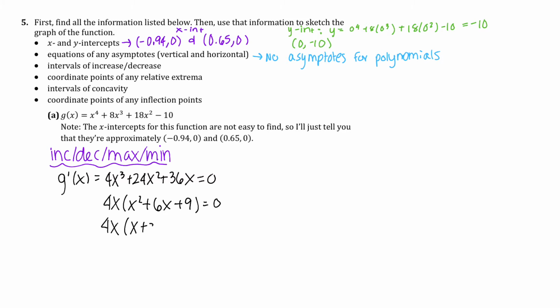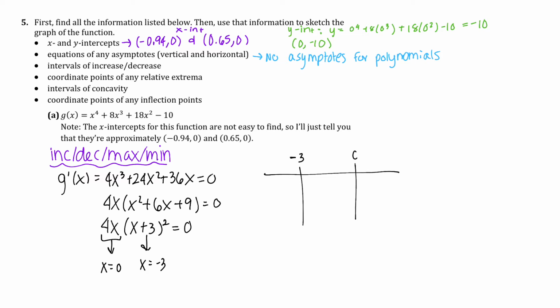This will factor into x plus 3 times x plus 3, which is just x plus 3 squared. So you have negative 3, positive, oh, not positive 3. Hold on here. You get x equals 0 and x equals negative 3. I'm so used to difference of squares. So you have negative 3 and 0 that you're plotting here.